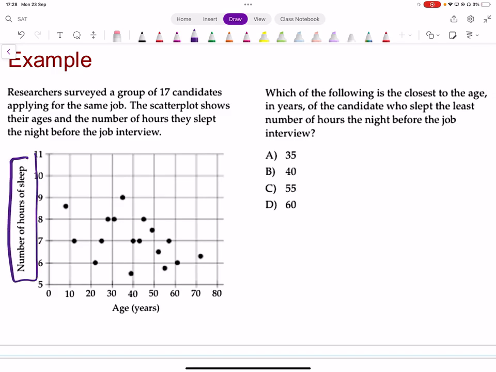Number of hours of sleep, age. Which candidate slept the least amount of time, least number of hours? Whatever is the lowest number on the graph, right? Because vertical axis represents the number of hours of sleep they had. This is the lowest number on the graph, right? So what's the age? B.